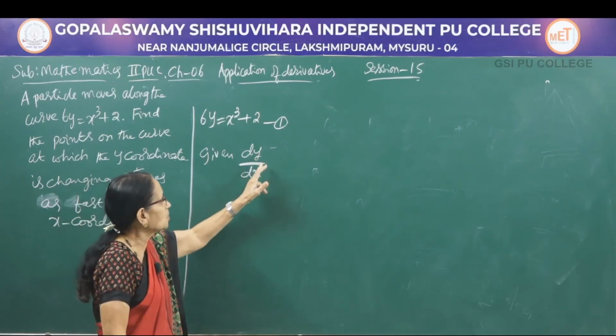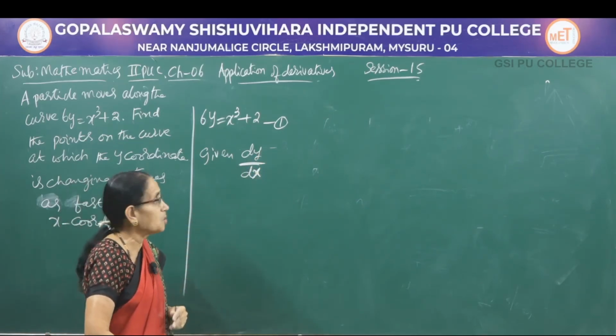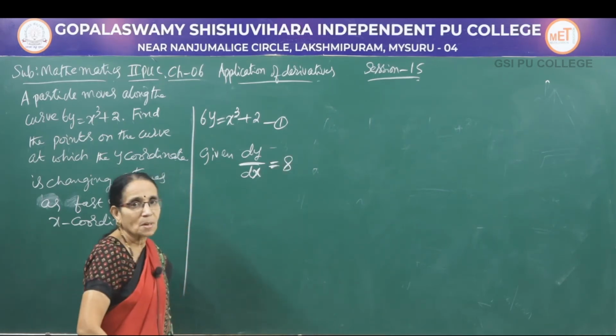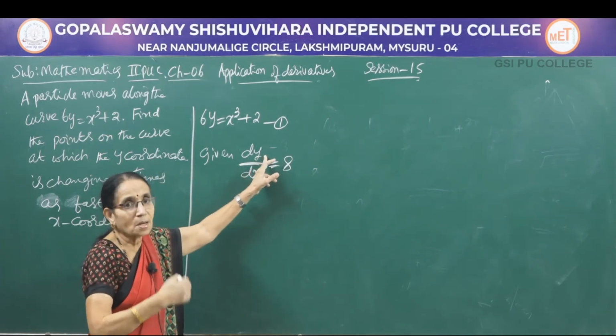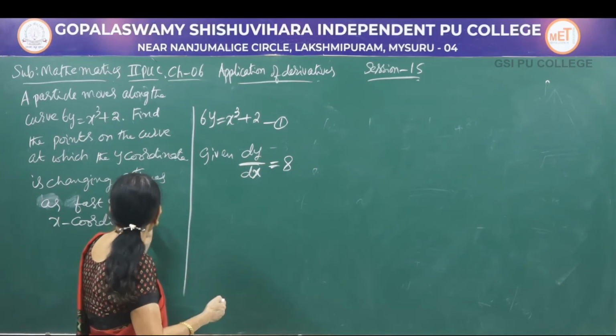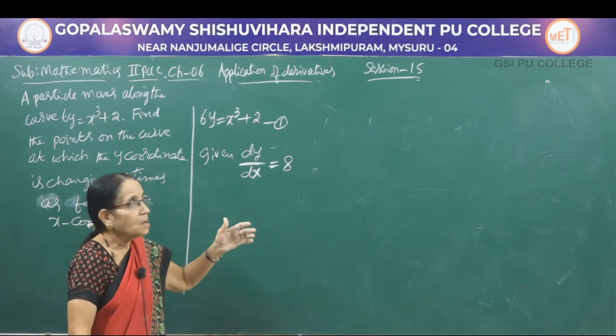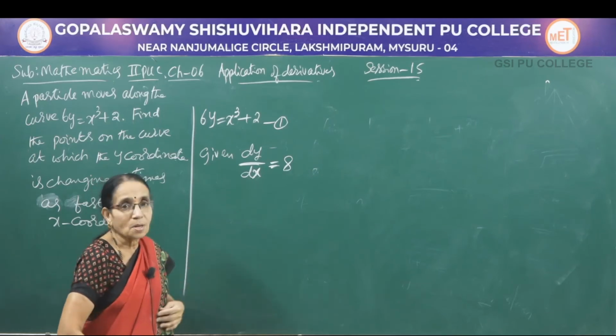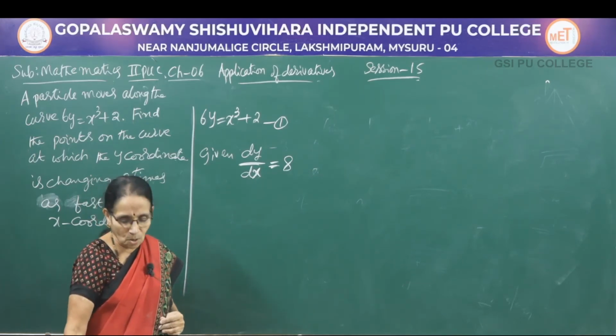So y coordinate is y, x coordinate is x. Therefore dy by dx is equal to 8. So it is given that dy by dx equal to 8.